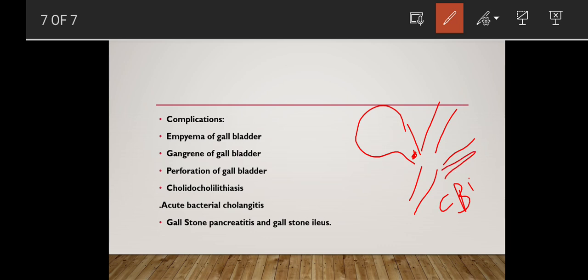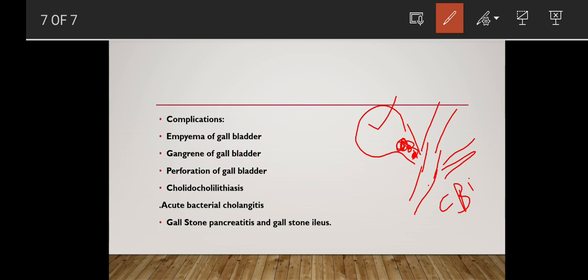If the stone gets stuck here in the cystic duct or in the neck of the gallbladder, it will lead to stasis of the bile within the gallbladder, which leads to distension of the gallbladder, and bacterial infection or suppuration of the fluid can occur, leading to empyema of the gallbladder.